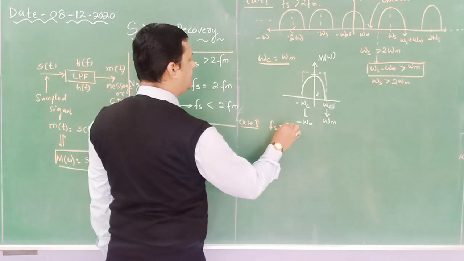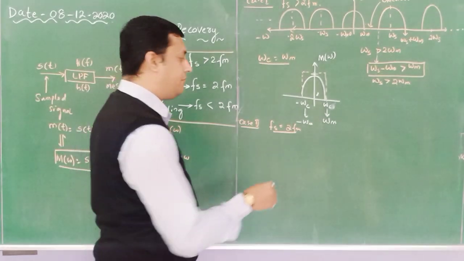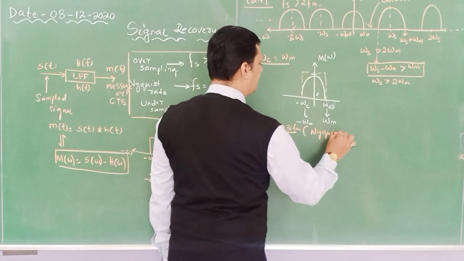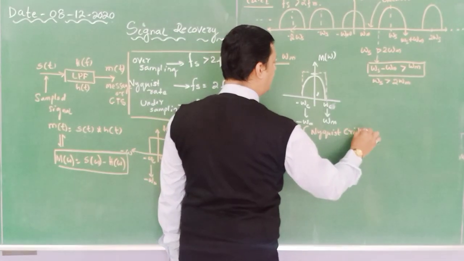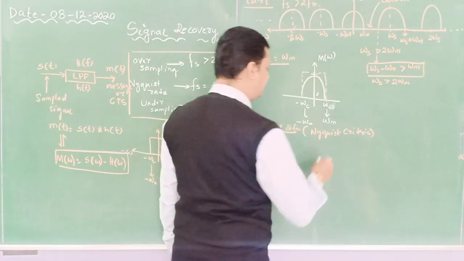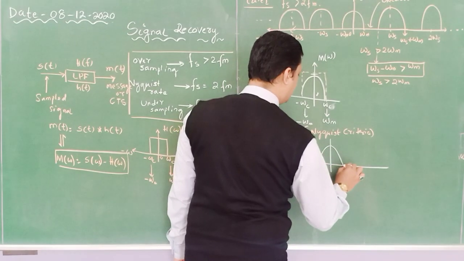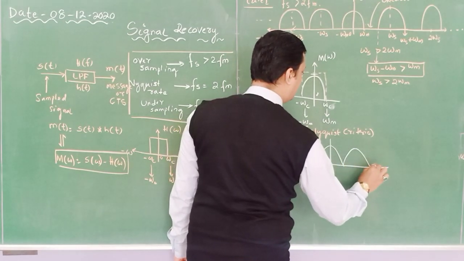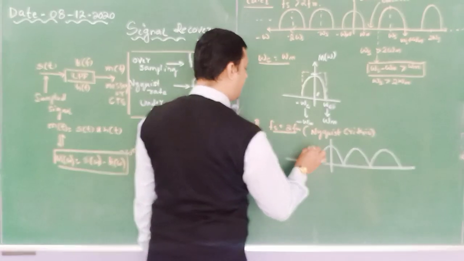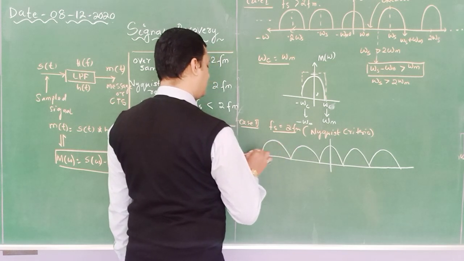if fs is equal to 2 fm, it is the Nyquist criterion, in which my sampled signals will just touch, the starting point of one acting as the end point of another spectrum, like this, and so on.